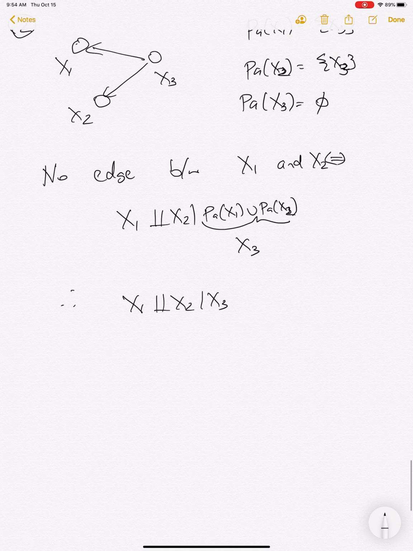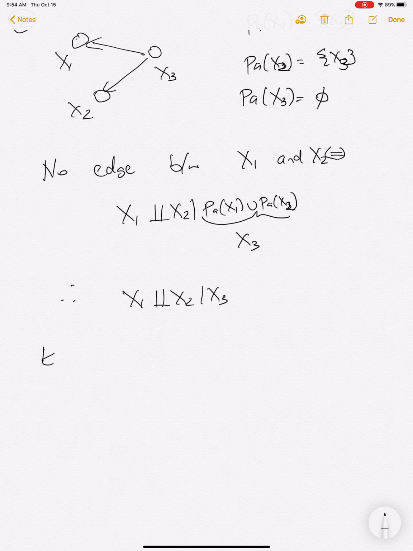But then we also have an edge between x3 and x1. So that implies that x1 is dependent on x3.